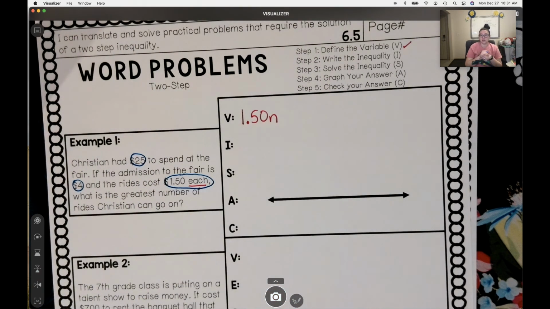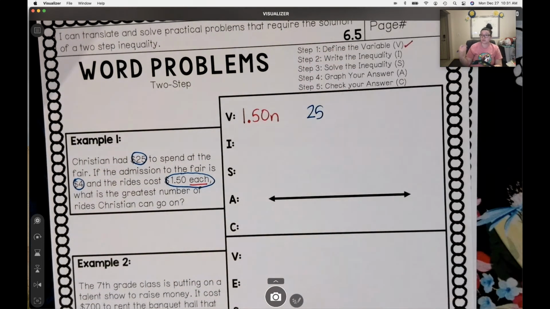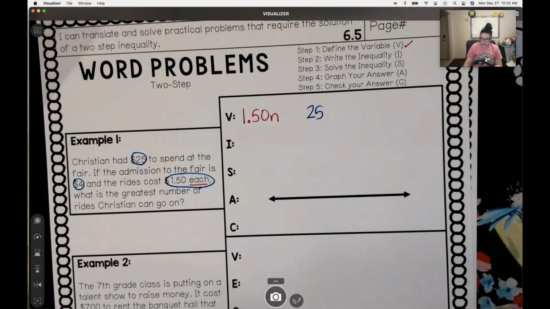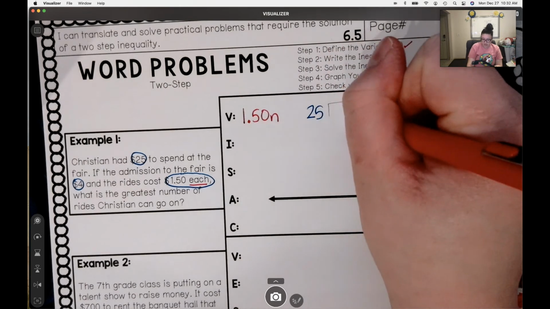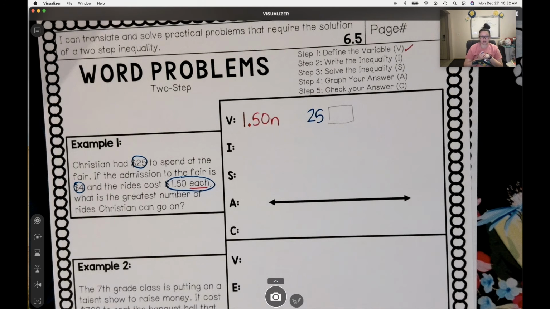So out of those 3 numbers, what's our total, our one-time number, or our total? 25 is going to be our total, so that's going to be on one side of the inequality. If this was an equation, we'd have an equal sign there, but we don't. We have inequalities. So we'll come back and figure out this inequality symbol in a bit. Let's figure out what's going to be on the other side of our inequality. Let's figure out how much things are going to cost.